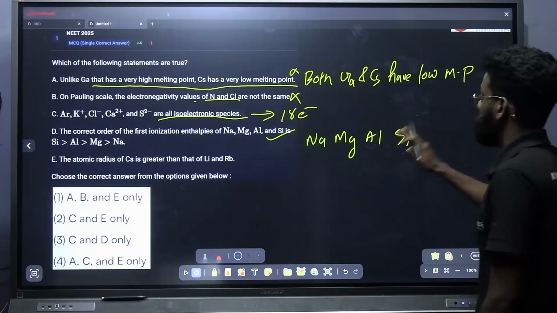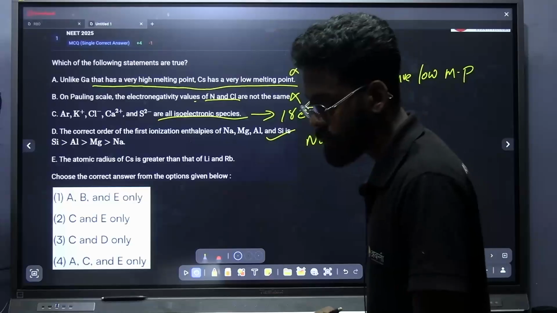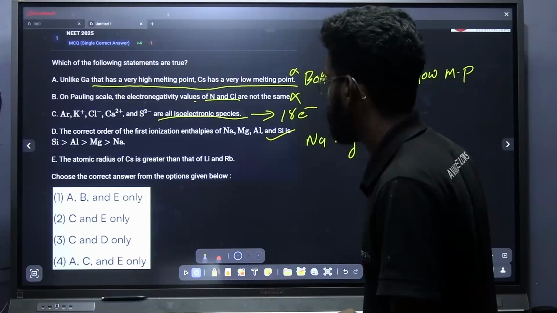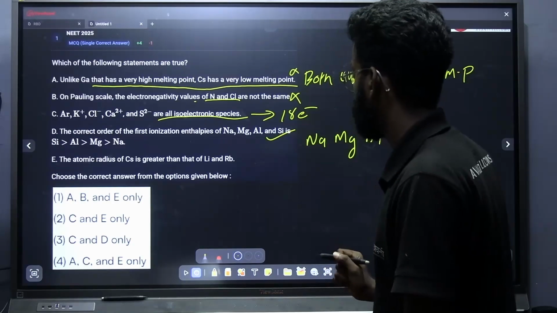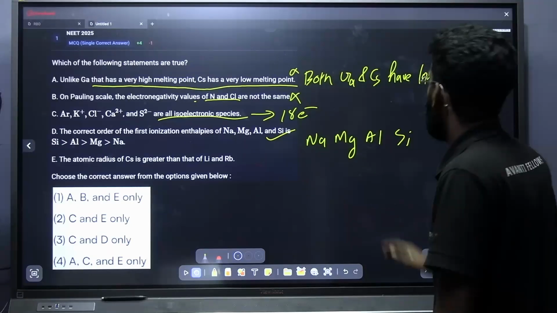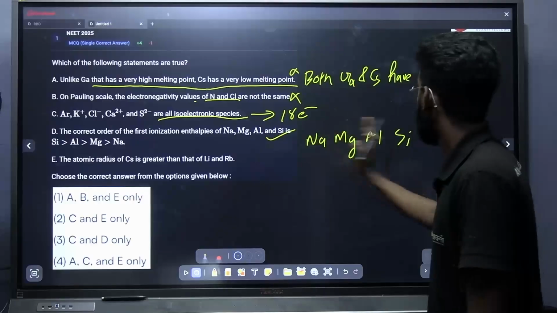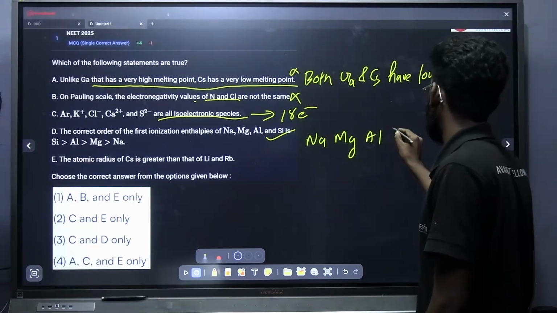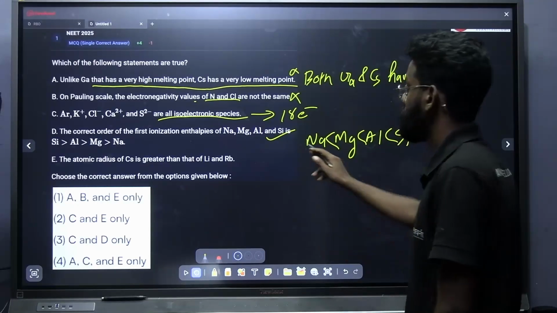Okay, here, sorry, enthalpy is wrong. You are saying D is wrong? Okay, let me explain this one. This is going from left to right, right? Left to right, ionization enthalpy will increase, which means silicon will have the highest, then comes aluminium, then magnesium, then sodium.